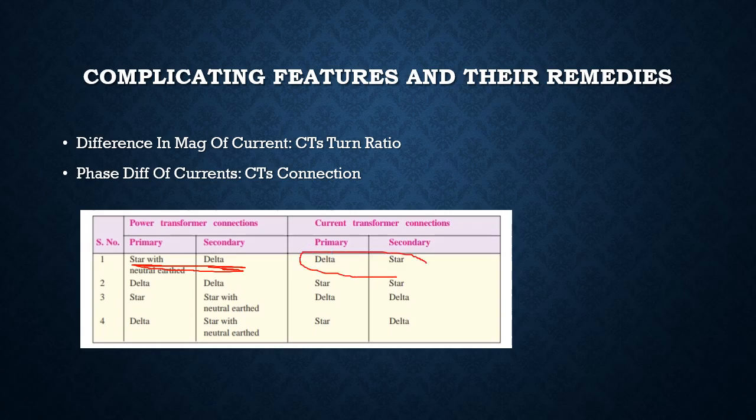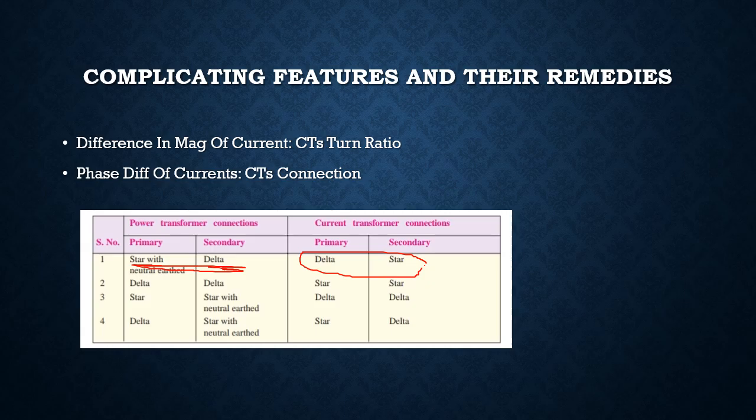That means, in a star-delta power transformer, the primary is connected in star, therefore connect the CTs placed on the primary side in delta. The secondary windings are connected in delta, therefore connect the CTs placed on the secondary side in star.